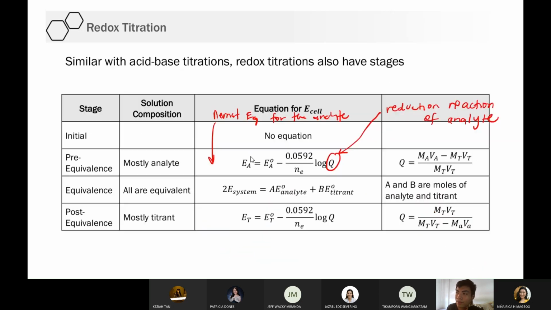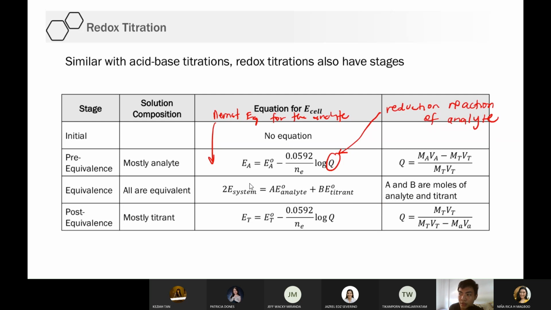I will upload the worksheet that will use this in a problem. At equivalence point, we assume that all ions are equivalent. So this is the equation that needs to be used: 2E system.